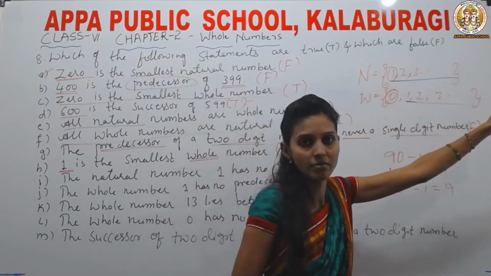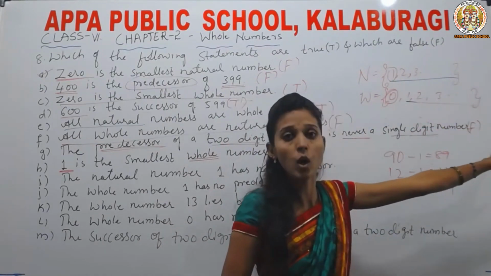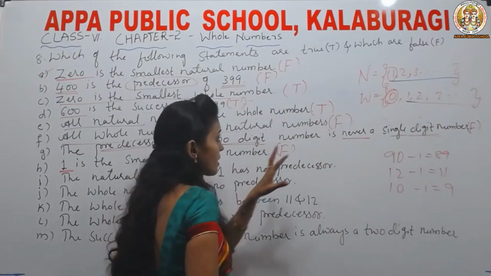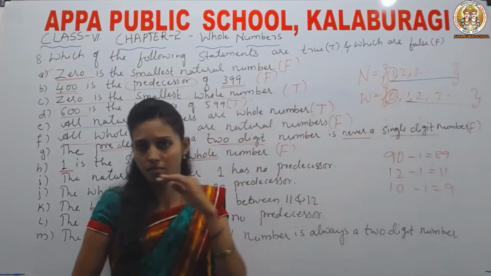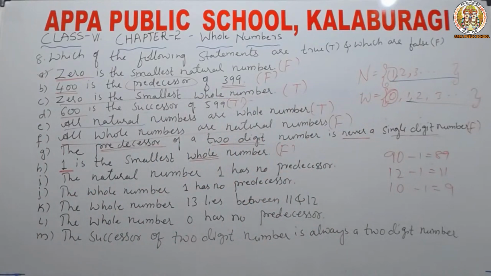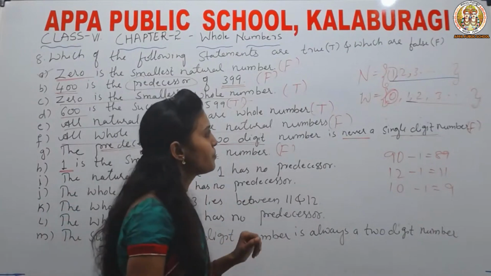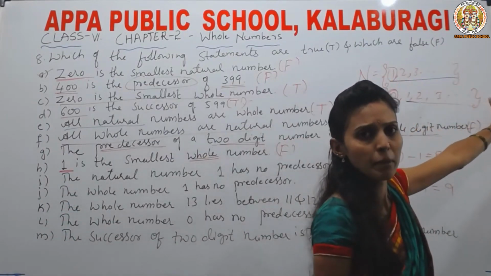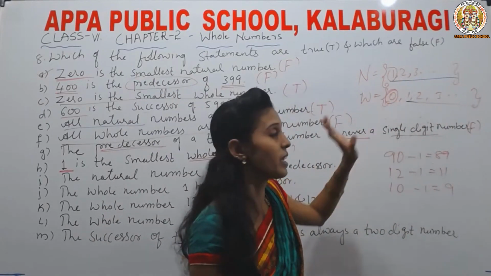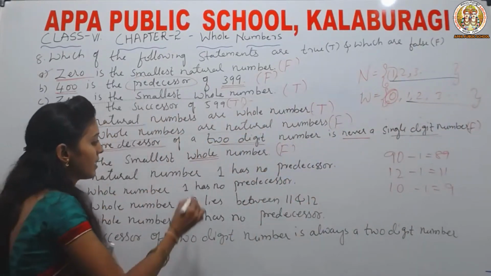From 1 we have infinitely many numbers, countless, but previous to it we don't have any.